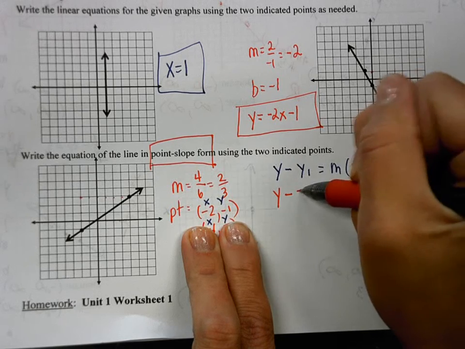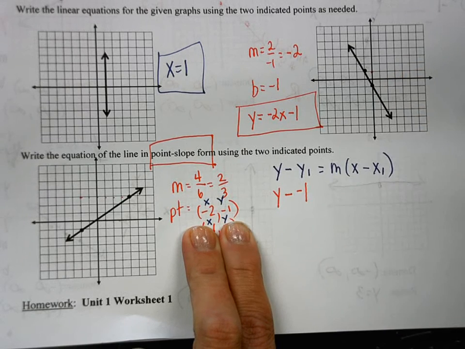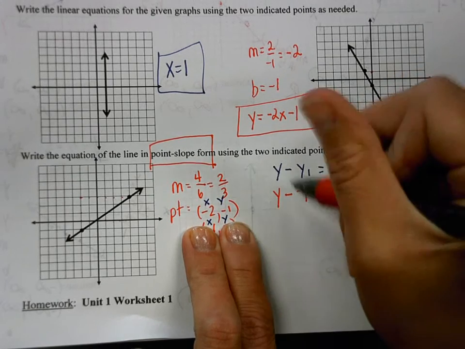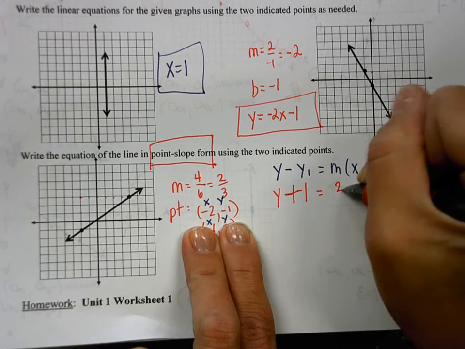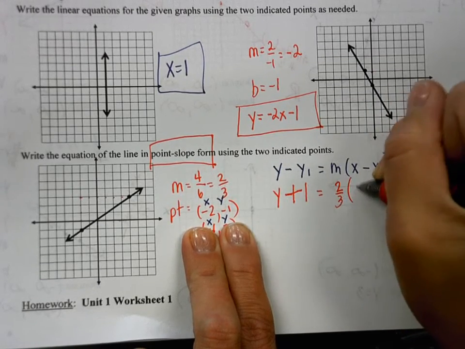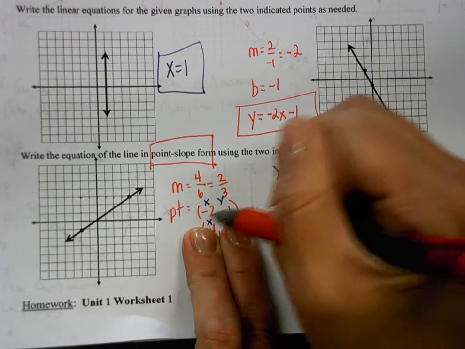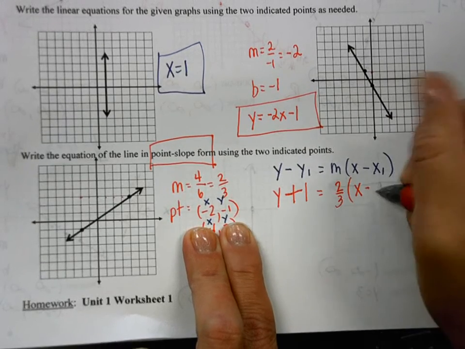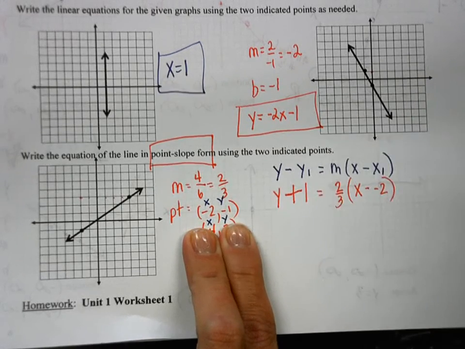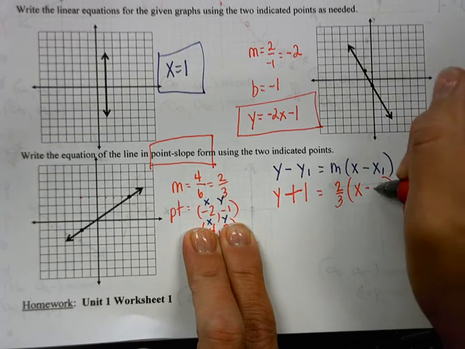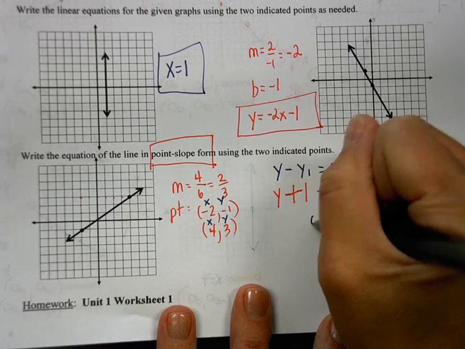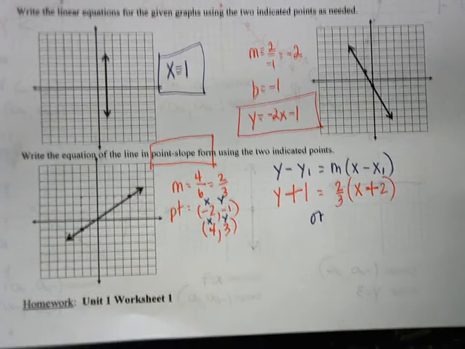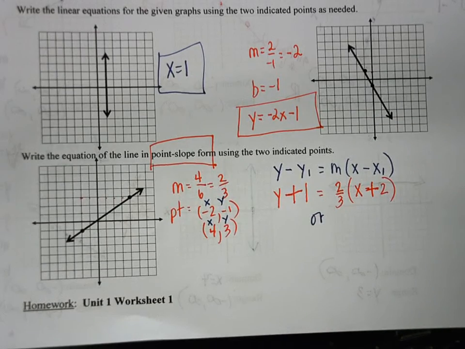Well, what happens when you have two negatives side by side? Good, it makes a plus, equals my m is 2/3, and then I have x minus, and my x value is negative 2. And again, two negatives end up making a positive. Okay, so that is one equation. Or we could have used this point. So I'm going to give you about 20 seconds to write the equation using the second point.